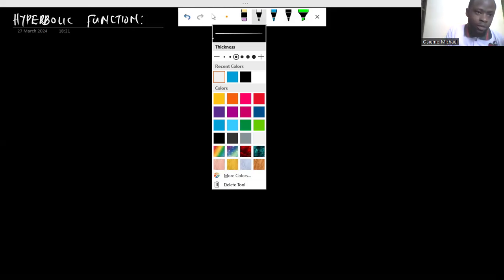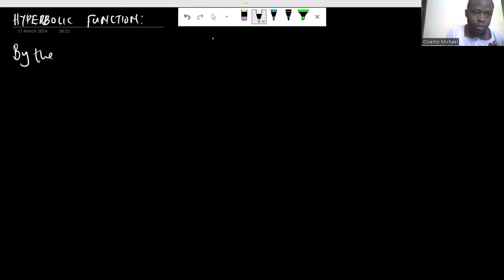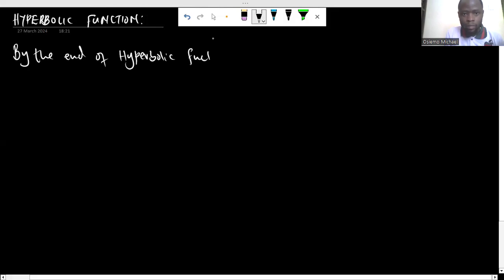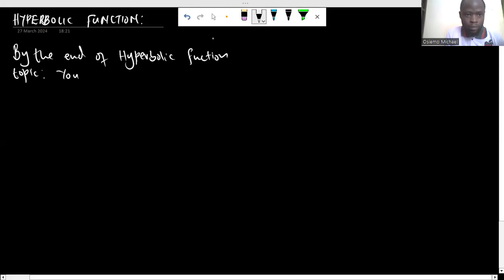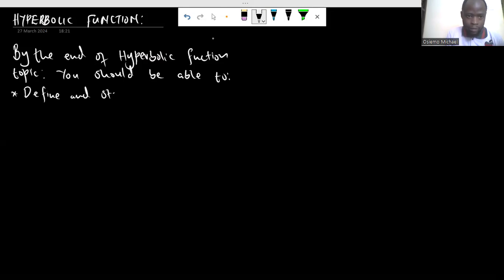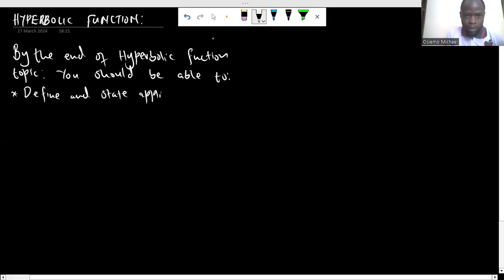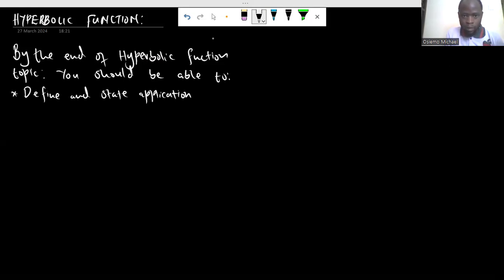By the end of this hyperbolic function topic, you should be able to define and state applications of hyperbolic functions.